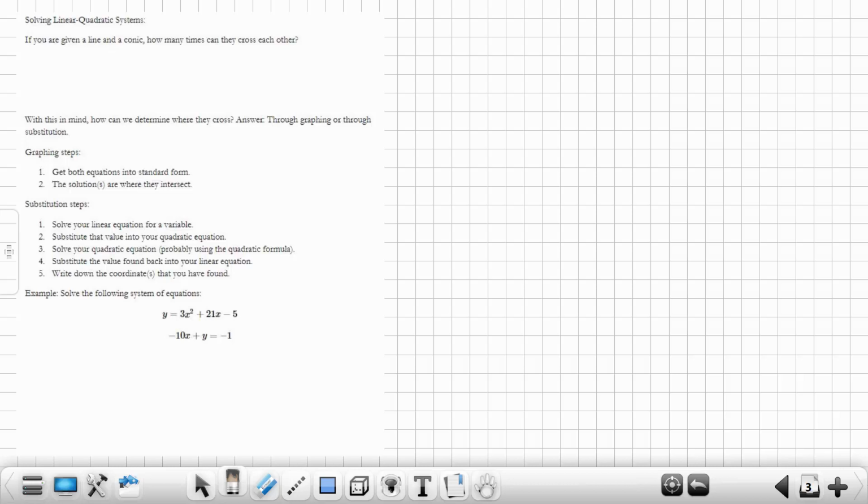Are we okay? What's with the pencils swapping around over there? Okay. If you're given a line and a conic, how many times can they cross each other? We're going to deal with just a parabola right now because the answers are pretty much the same. So if I have a line, any line, and a parabola, how many times could they cross? Twice, sure.